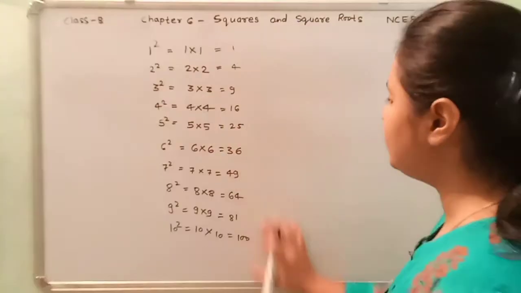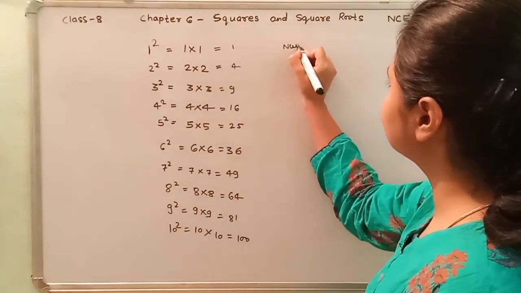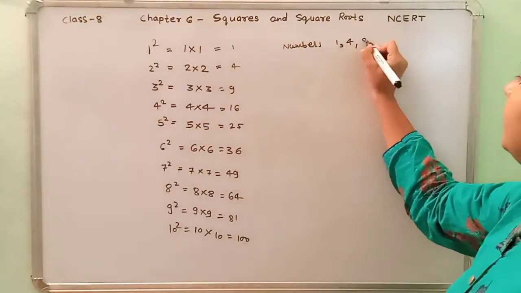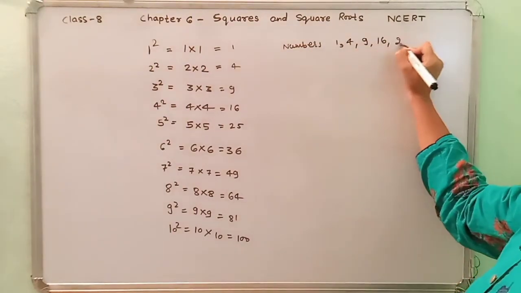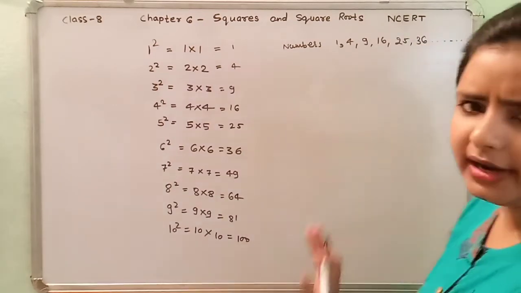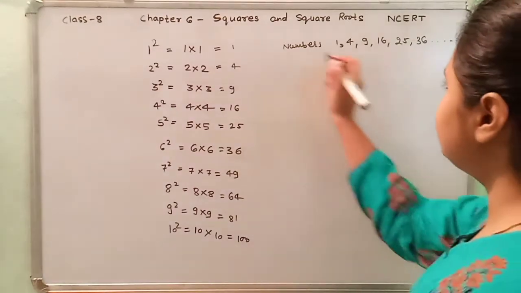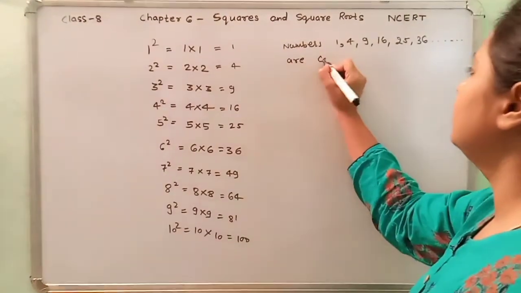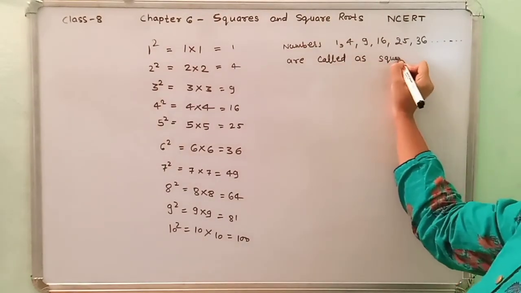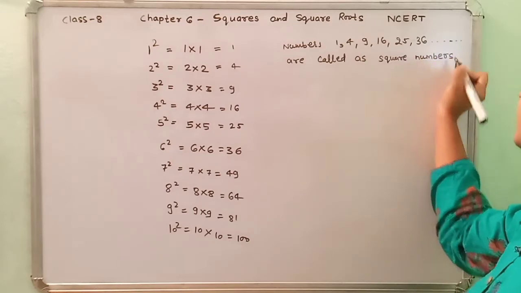Now these numbers, 1, 4, 9, 16, 25, 36 and so on, dot means many more square numbers. These numbers are called square numbers. Fine.